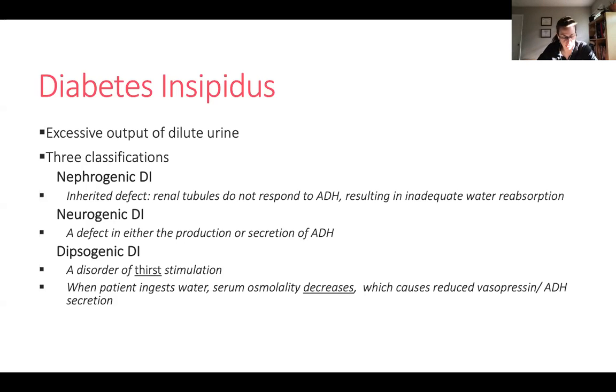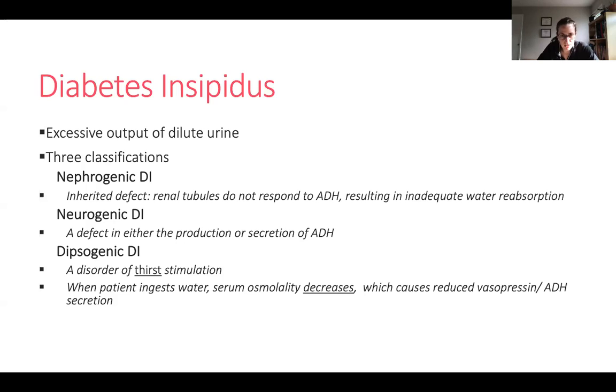And then the dipsogenic is a disorder of thirst stimulation. So when the patient drinks water, the serum osmolality decreases, and then it leads to the reduced vasopressin ADH secretion.